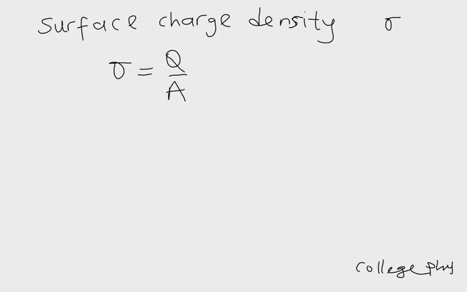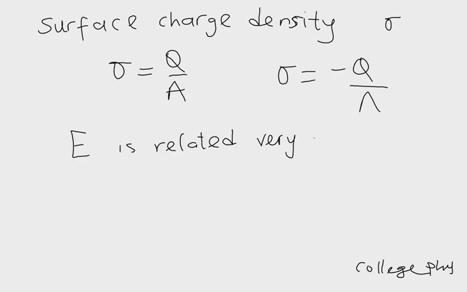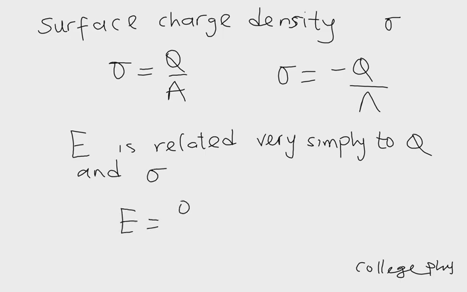For the plate with a positive charge, it will be Q over A. For the one that has a negative charge, it will be minus Q over A. Now, E is related very simply to Q and sigma. So how do we write that? We say E is equal to sigma over epsilon naught, which is equal to Q over epsilon naught A. Now take note of this formula.